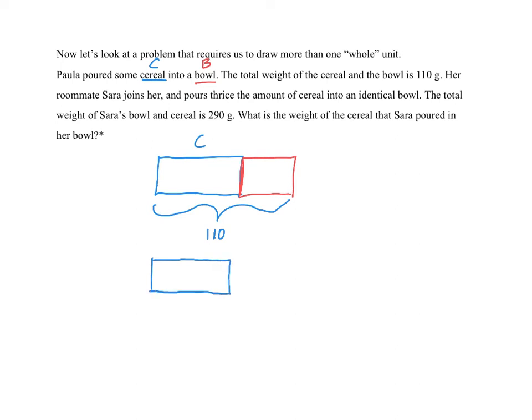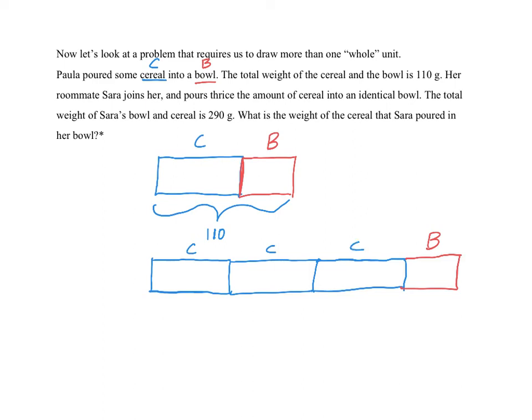We have that box and that box. I mean, the picture should be approximately the same in size, as best as we can. And then there's the red amount at the end representing the bowl. So we'll say B for bowl, and this C amount is the original amount of cereal that Paula poured into the bowl.